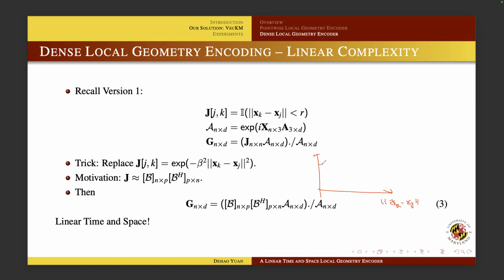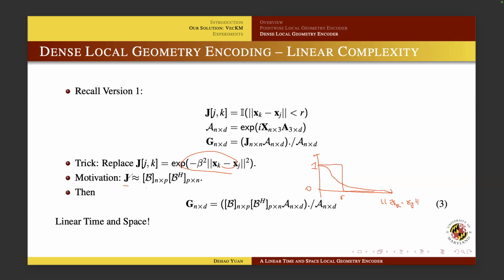For an adjacency matrix, it would be like this: this is 1 and this is 0, and this is the neighborhood, this is the threshold R. For this function, it becomes a smooth decay. So basically here the trick is we replace the adjacency matrix with this smooth decay, and then we use a matrix multiplication to approximate the J.